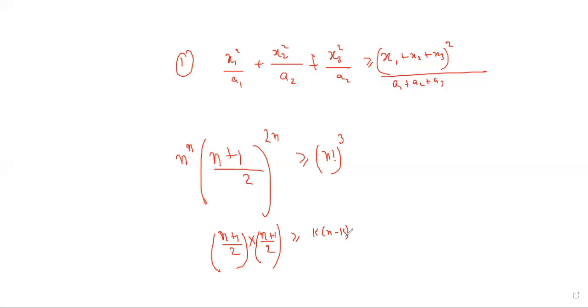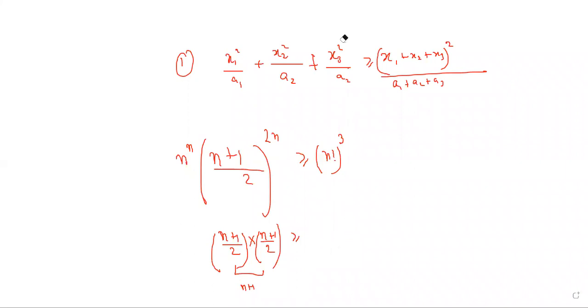You can check this. If you look at the sum of the factors on the left side, it is n plus 1, and on this side, it is just n. So maybe then I should not do this.